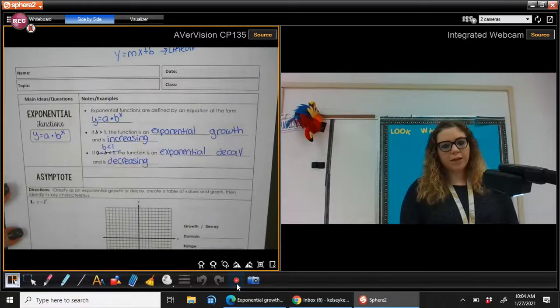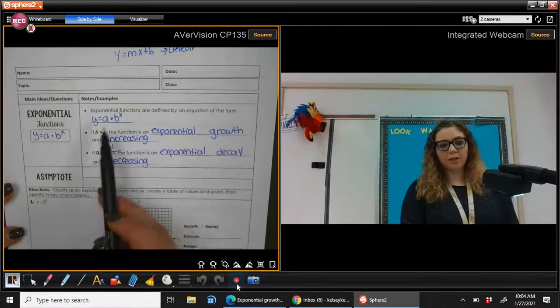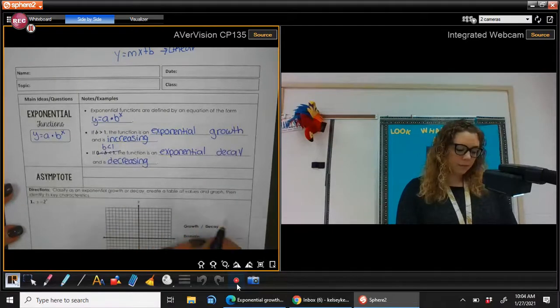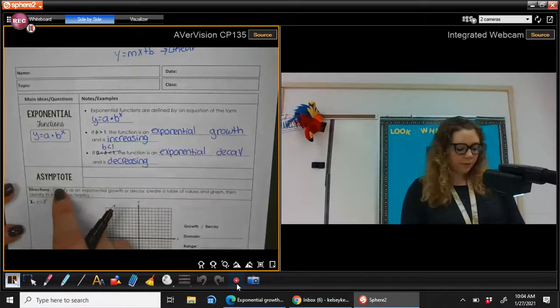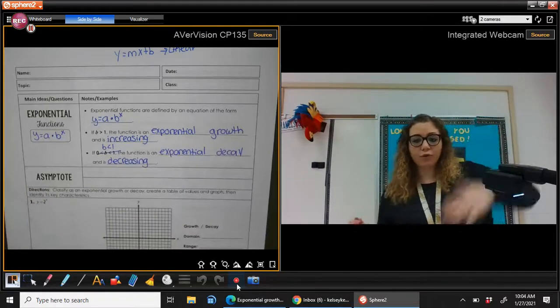And that is just from looking at this formula, just by looking at b. And an asymptote is a line which the graph gets close to, but it never crosses through.